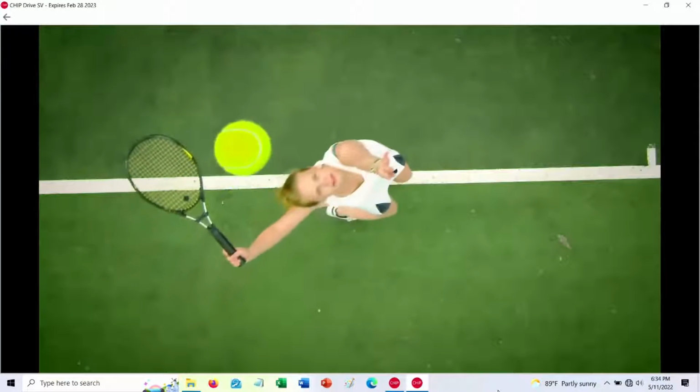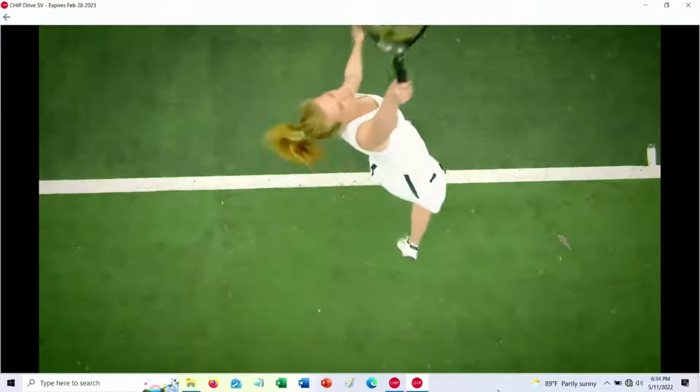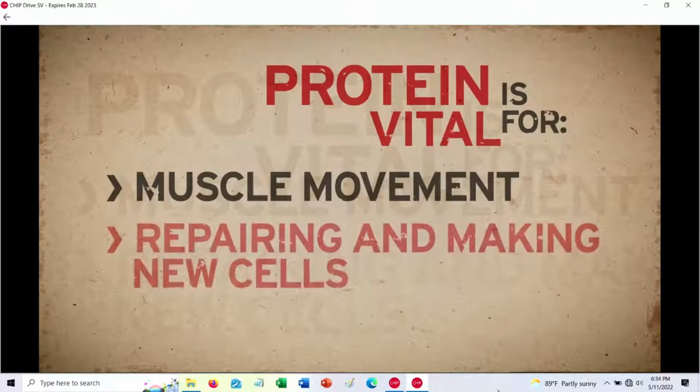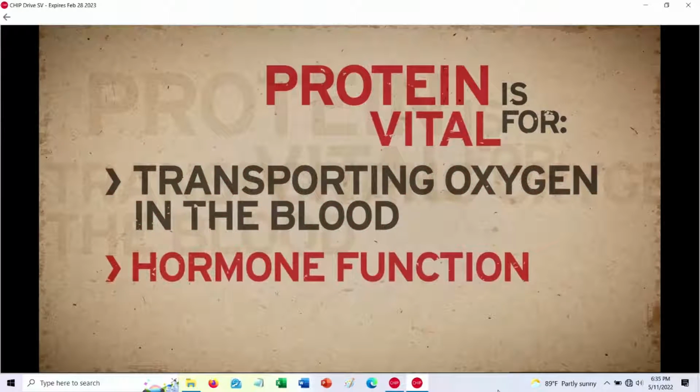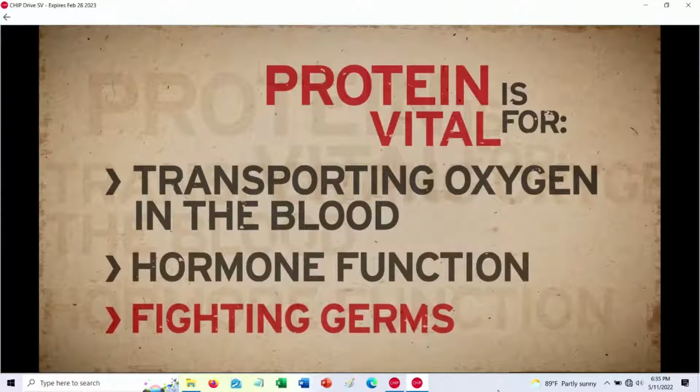While protein is vital to numerous functions, including muscle movement, repairing and making new cells, transporting oxygen in the blood, hormone functions, and fighting germs, a protein deficiency would, among other things, cause a loss of muscle mass, something not found in the best of class athletes.